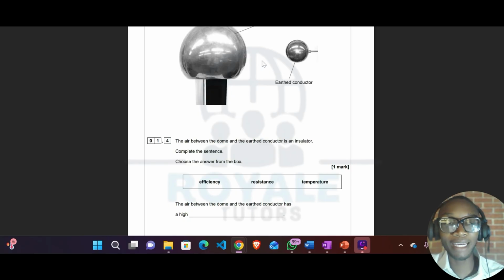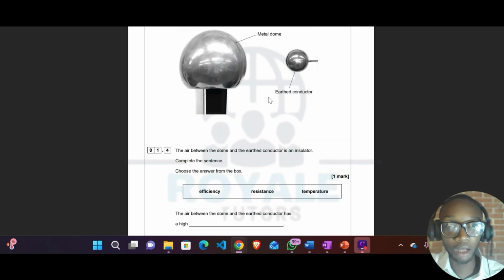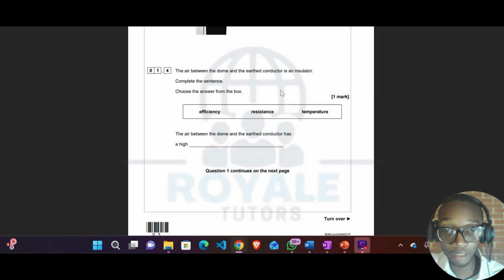And because the air causes a resistance, the more you close that gap, the more you are reducing the resistance. And the more you reduce the resistance, the more you are allowing charges to go from here to here. So the closer you bring the objects together, the more you are closing up the resistance.